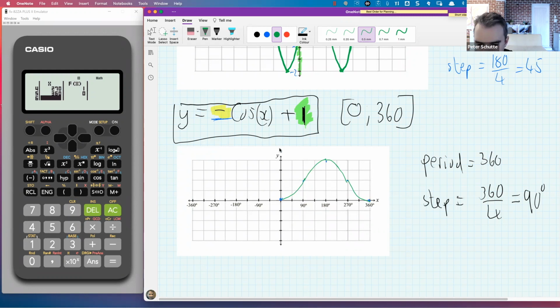So the other thing you can do, if you imagine a normal cos graph would look like this, right? That's the normal cos graph.